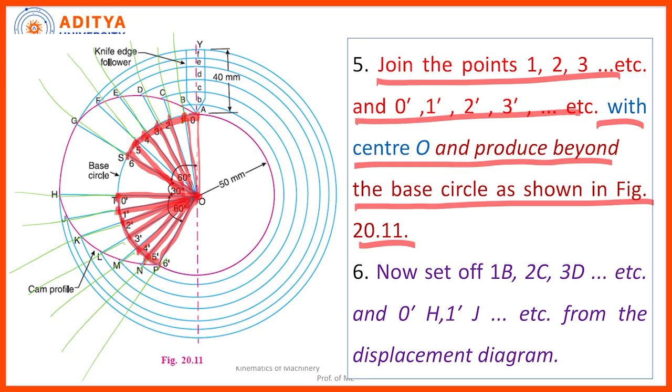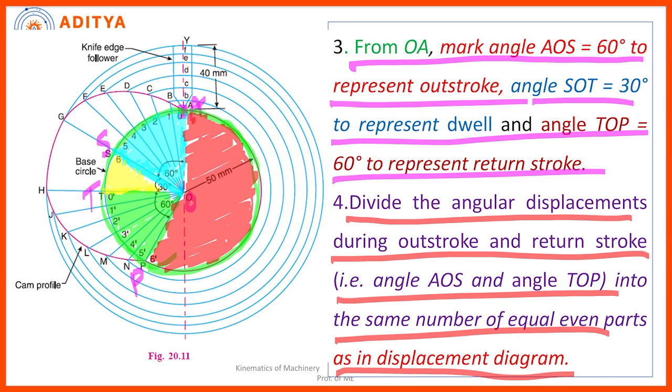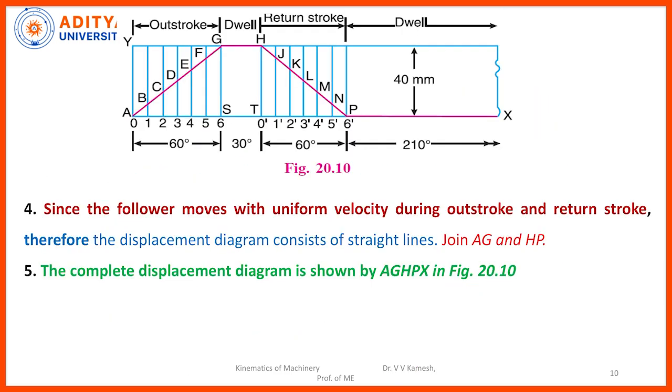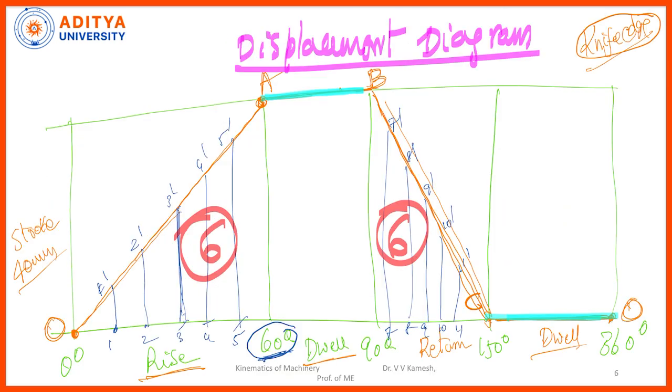Okay. Now you need to set up the 1B, 2C, 3D and O dash H, 1 dash J from the displacement diagram. So where I need to get this? In the displacement diagram you have seen, you look at this, what is the first one? This part you take with the compass, transfer onto this. This part you need to take, transfer.